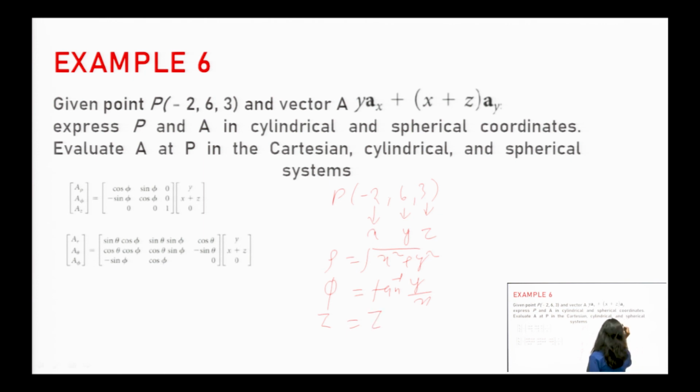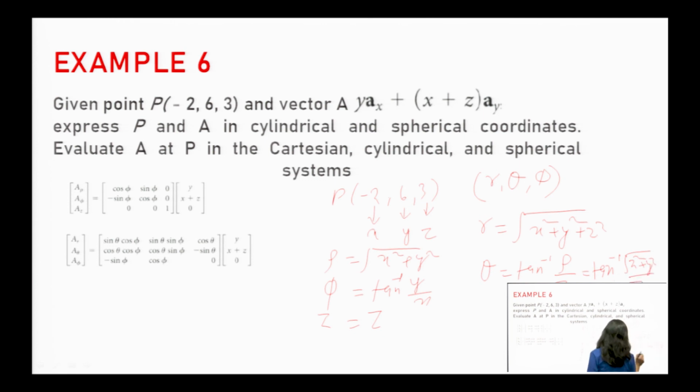Similarly, for spherical coordinates we use r, theta, phi to indicate any point or vector. r can be found as the root of x square plus y square plus z square, and theta is the tan inverse of rho by z, or because rho is the root of x square plus y square, theta is the tan inverse of root of x square plus y square by z.